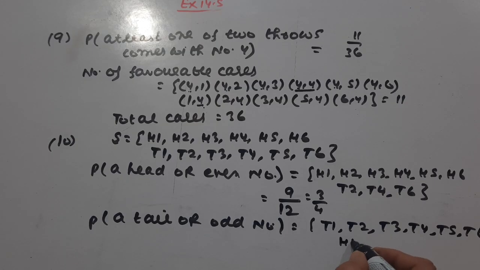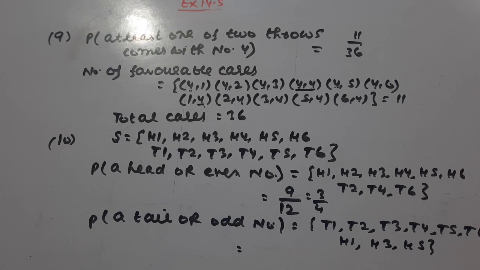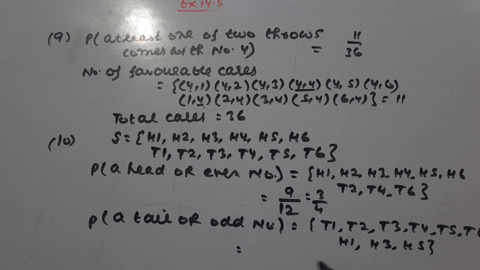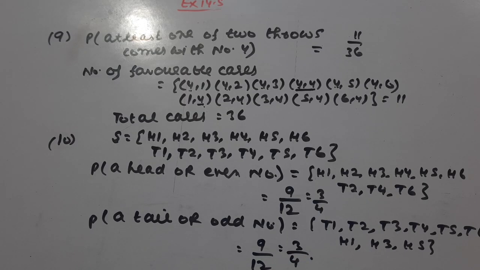Odd number में हमारा आएगा H1, H3, and H5. So again these are 9 cases. So we have 9 cases which are in favor, and total cases are 12. So this is equal to 3 by 4. Right, students?